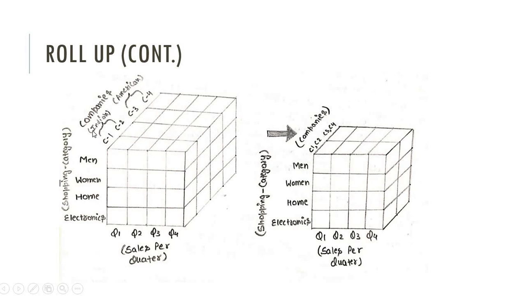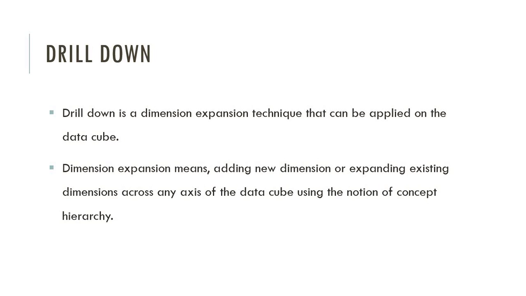So in the output, C1 and C2 combine as Indian companies and C3 and C4 combine as American companies. So in roll-up operation, we have summarized the data, or we can say that we are moving data into the higher dimensions.